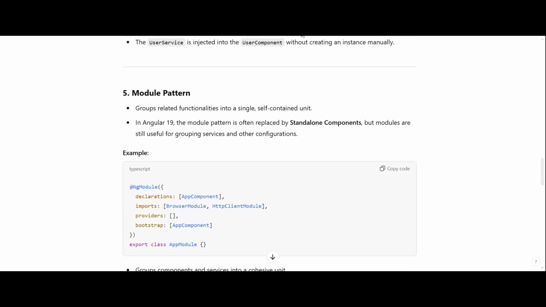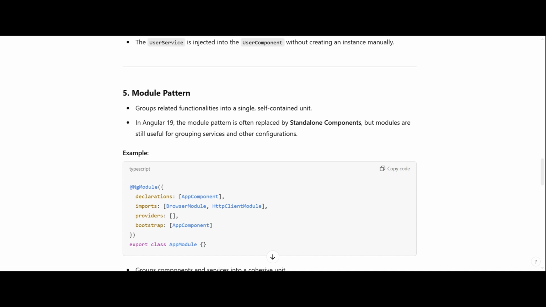So apart from it, Angular also uses other patterns like strategy pattern, which is used to switch between different algorithms, builder pattern, and module pattern. So now, what is this module pattern?